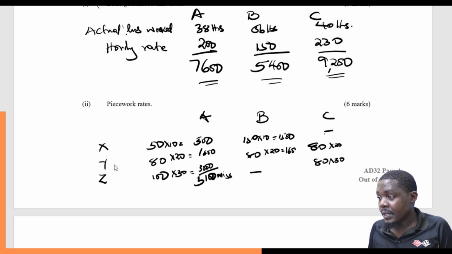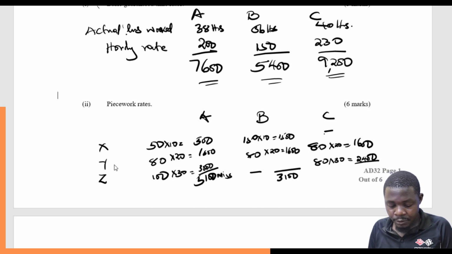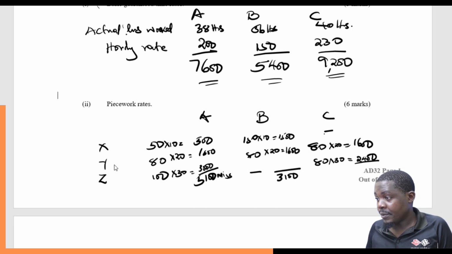Then 1600. The accumulation becomes 3100. Then for C, 1600 and 2400. The accumulation is 2400 plus 1600, we have 4000 minutes. These are the minutes.